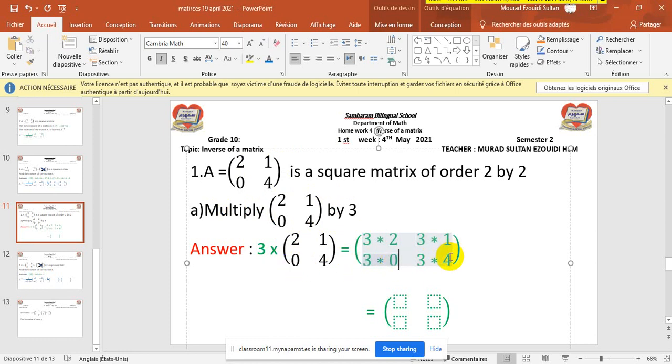Then 3 multiplied by 4 is written. 3 by 2, my daughters, is 6. You will write like that. 3 by 1 is 3. 3 by 0 is 0. 3 by 4 is 12. This is how to multiply. Finish. This is the first slide. And this is the answer. Clear.